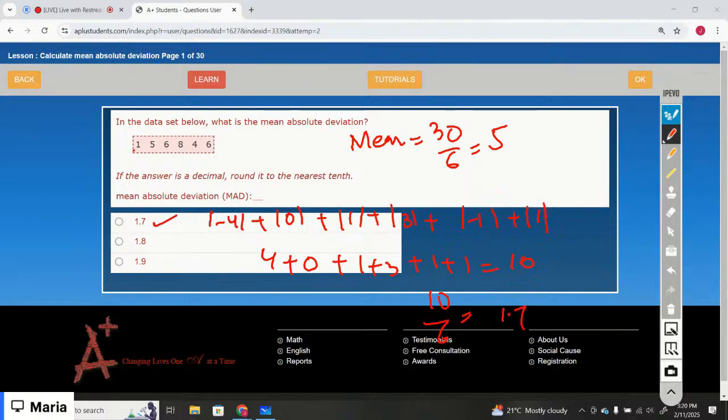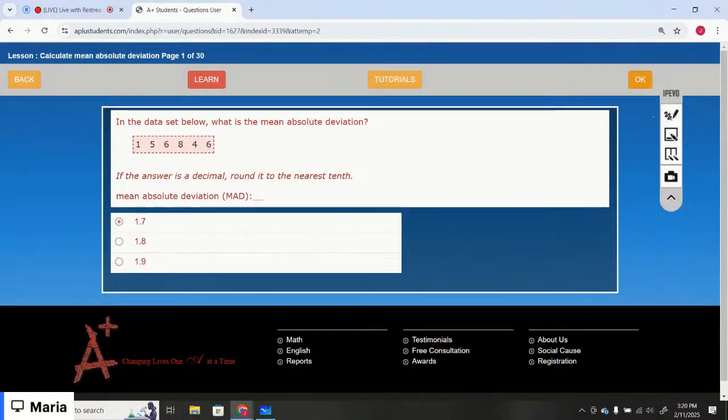The mean absolute deviation is 1.7. The correct option is 1.7. Option number 1 is the correct option.